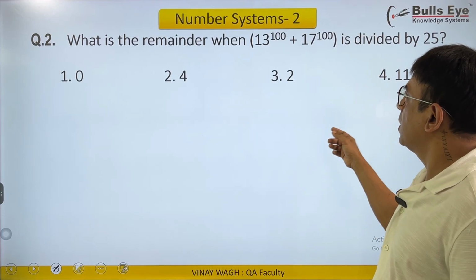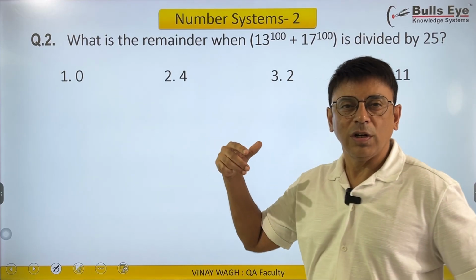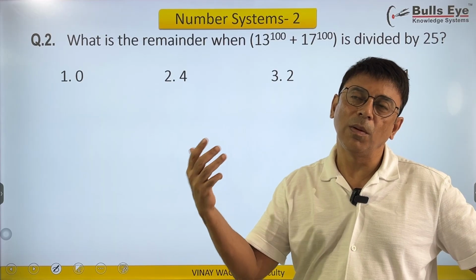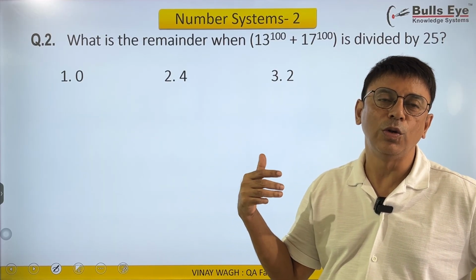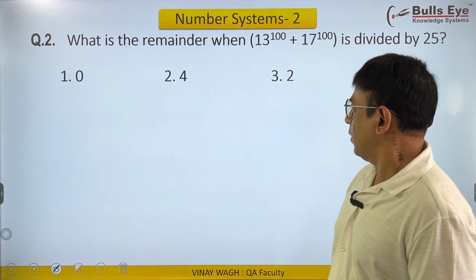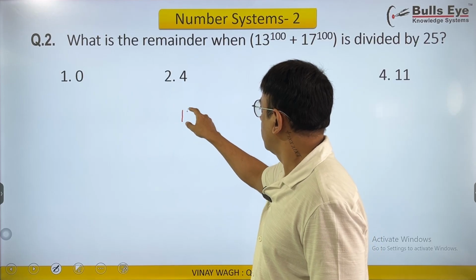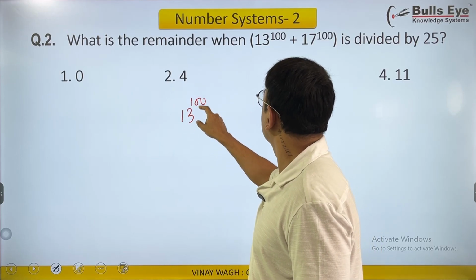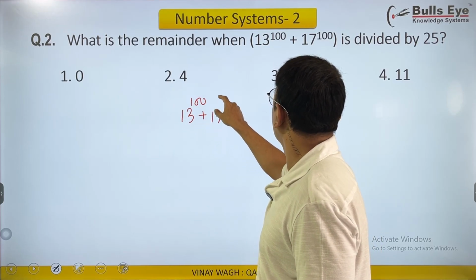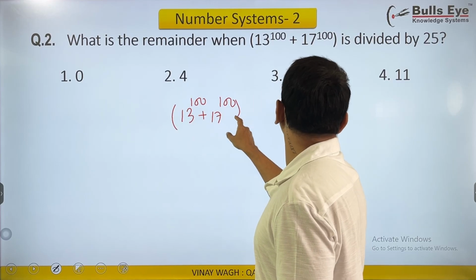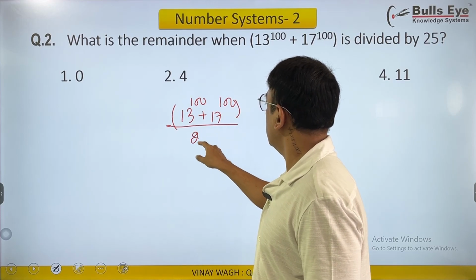This is divided by this. So instead of going on with the modulus theorem, I'm solving it with Euler's theorem. For that, what you need to know is this is the numerator. I'm just rewriting this. This is the other part of the numerator, and this is the denominator.